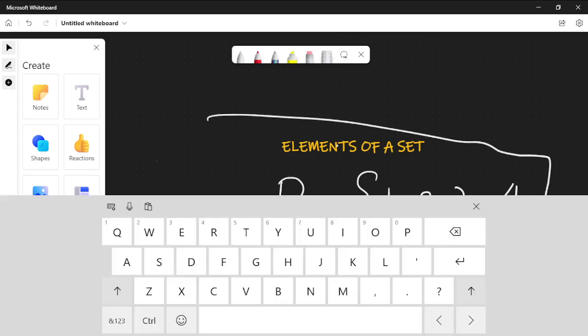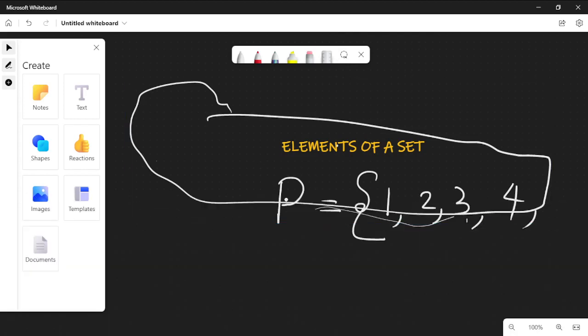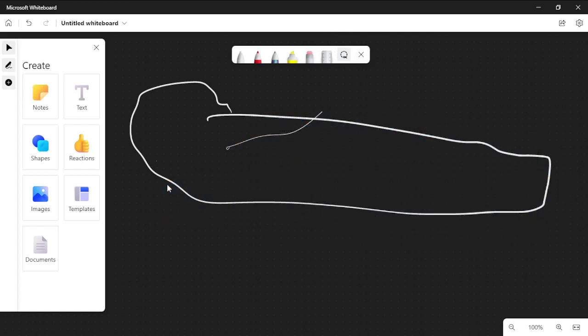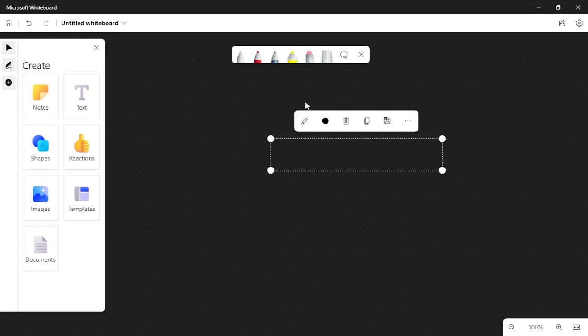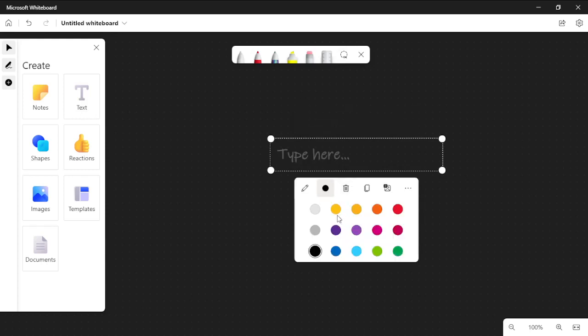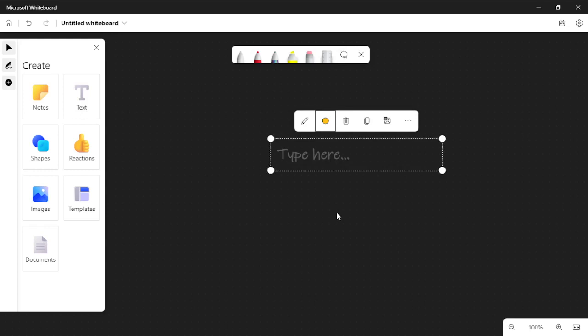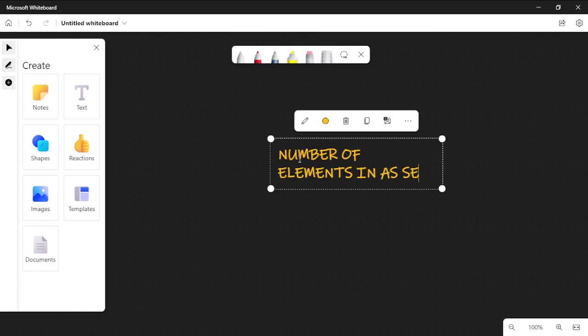Okay, I think I can clean this up. Number of elements in a set.